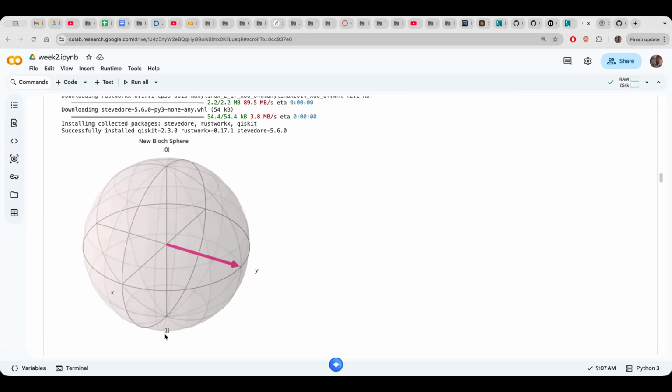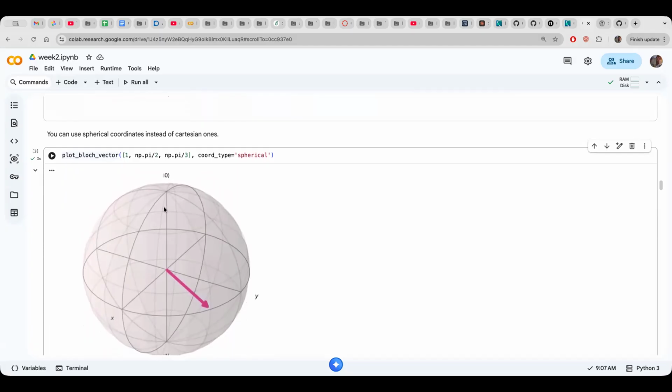So -1 here represents the South Pole, and that's the other computational state, the classical computational state. Everything else you have on the sphere here is a quantum mechanical superposition. So this is just one way to generalize these parameters alpha and beta, which we have.